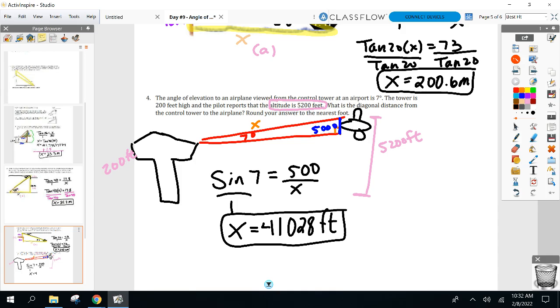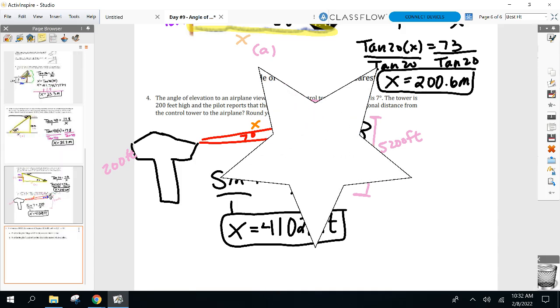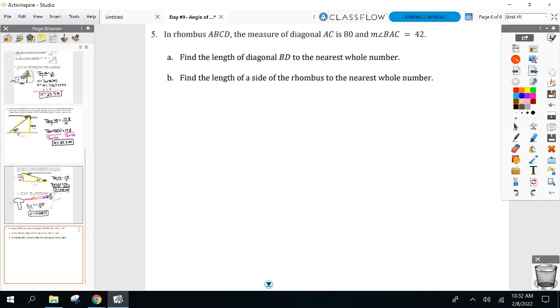All right, you are going to do the next one in your group, but before you do, I'd like to go over a couple properties of a rhombus that may help you out here. Diagonals bisect each other.